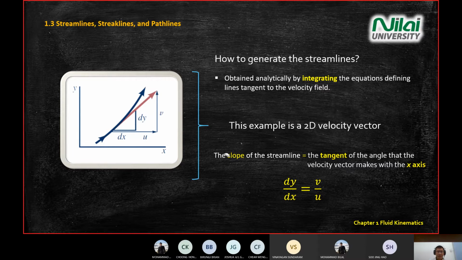How do we find the slope? We take dy divided by dx. On the right-hand side is the definition of our streamline, where we break our vector into v divided by u. Okay, so this is the equation. Every time we want to build the streamline, we need to identify dy dx equal to v divided by u.